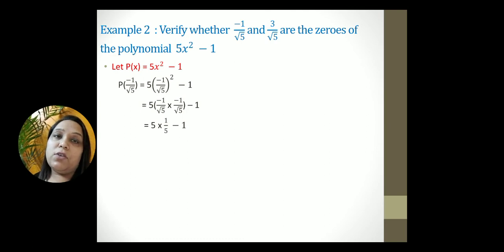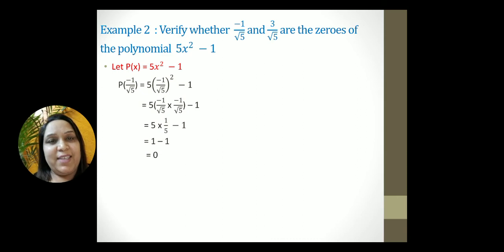First, 5 into 1 upon 5. So 5 will be cancelled out with 5, and we will be left with 1 only. So 1 minus 1 is equal to 0, and that is what we need. It means minus 1 upon under root 5 makes the value of the polynomial 0. So it is a zero of the polynomial, correct.